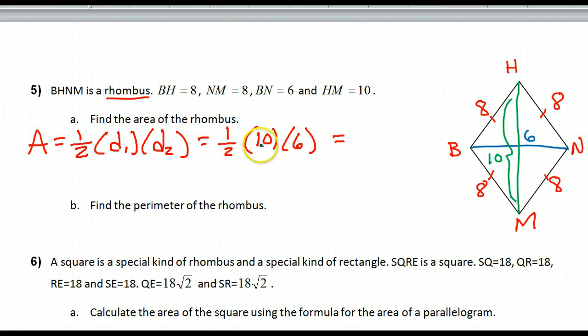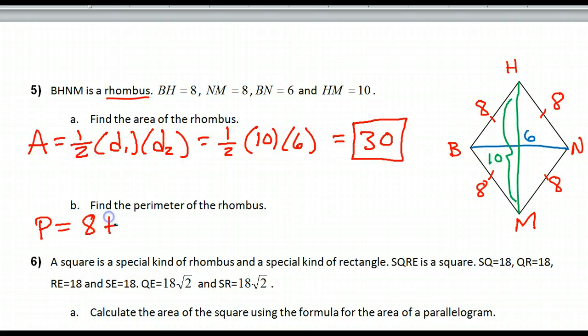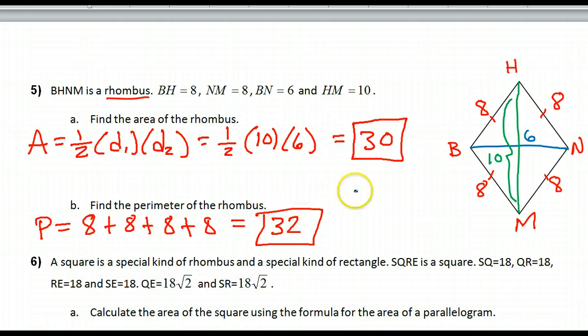Half of 10 is 5, times 6 is 30. So that should be the area of this rhombus. Of course, the perimeter is just the sum of all the sides, so that's just 4 times 8. 4 times 8 is 32. So the perimeter is 32.